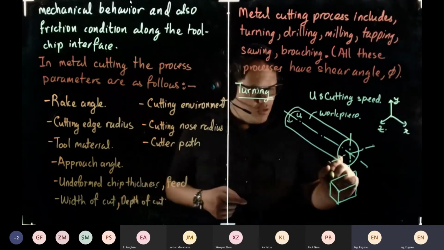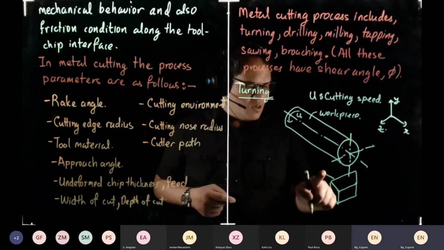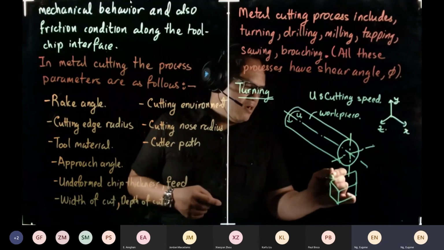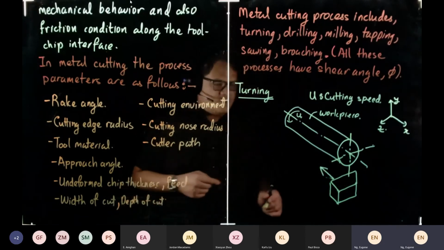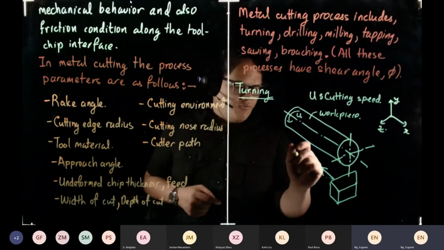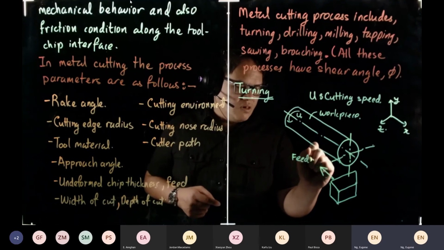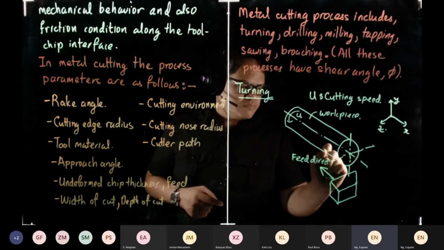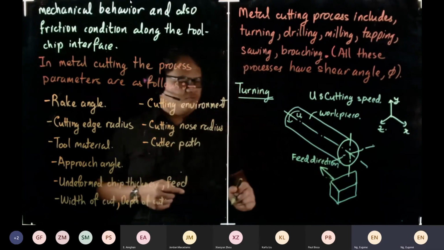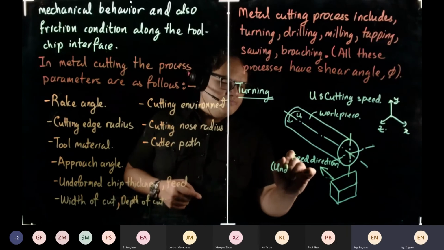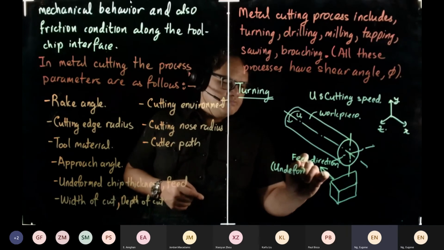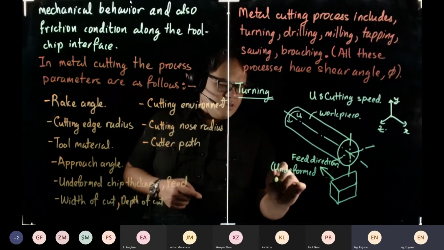This is our tool motion, and the tool motion is parallel to the x-axis. This is our feed direction. The feed direction corresponds to our undeformed chip thickness.